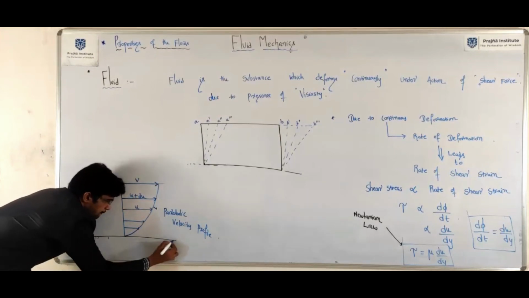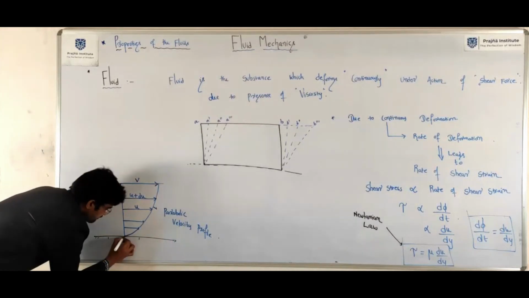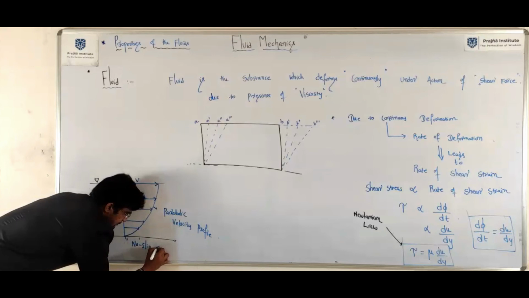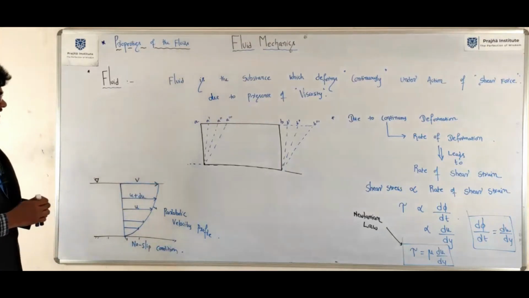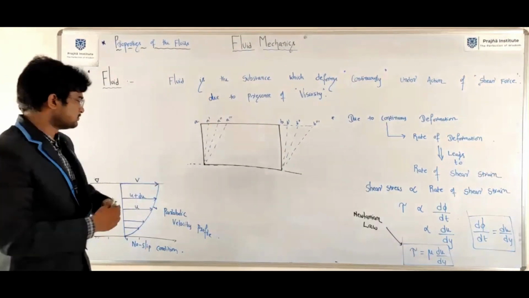It is the boundary, the bottom surface, where the no slip condition exists. What is meant by no slip? Everything we can discuss in the viscosity chapter.